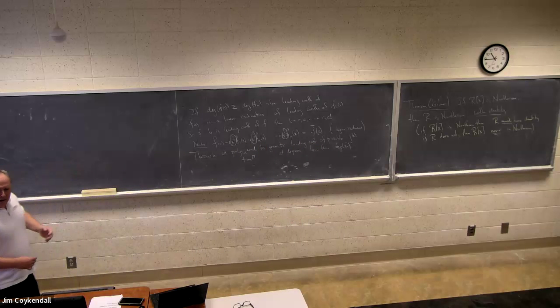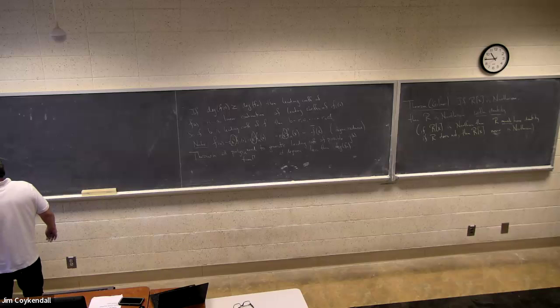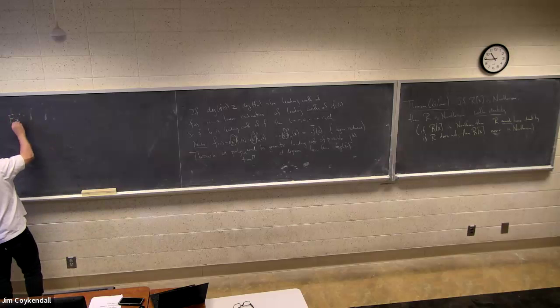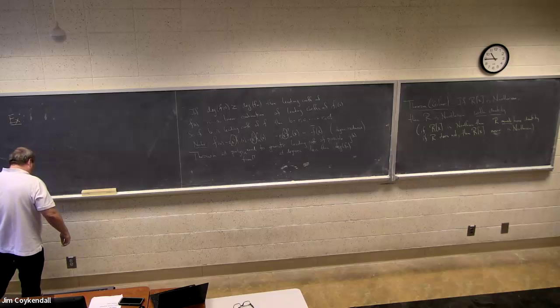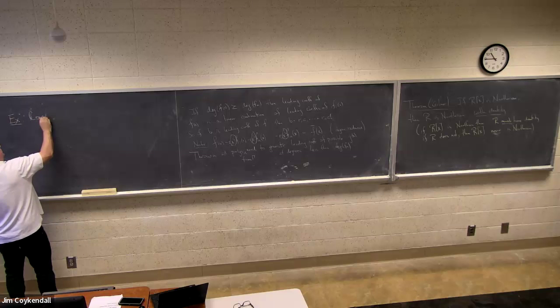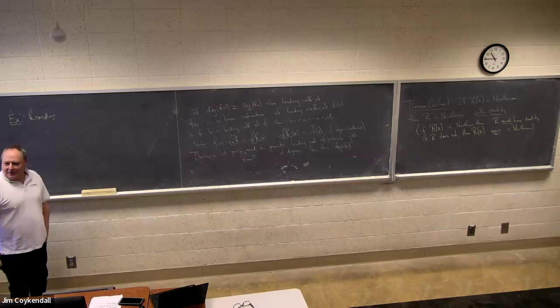So let me take kind of a simple example here. Consider, this is about the simplest example of a ring without identity.